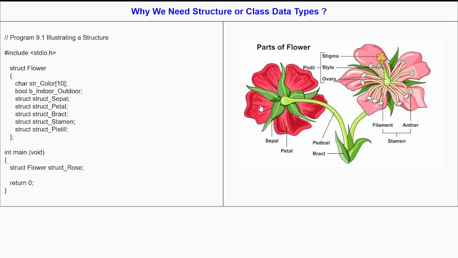So for example, here you see these are flowers, two flowers and different parts of a flower, with names relating to sepal, petal, pedicel, bract. This is the stamen, and within that you have filament and anther, and different names relating to parts of a flower.